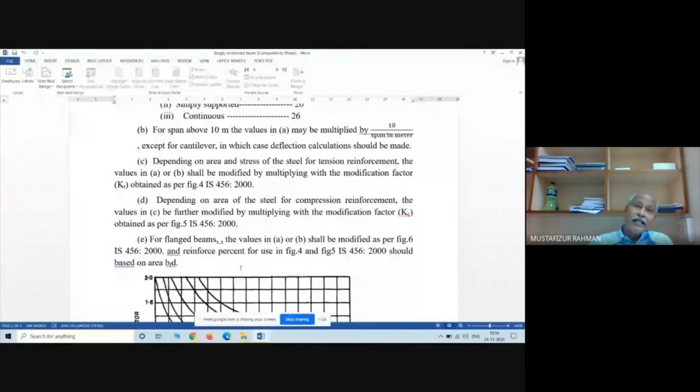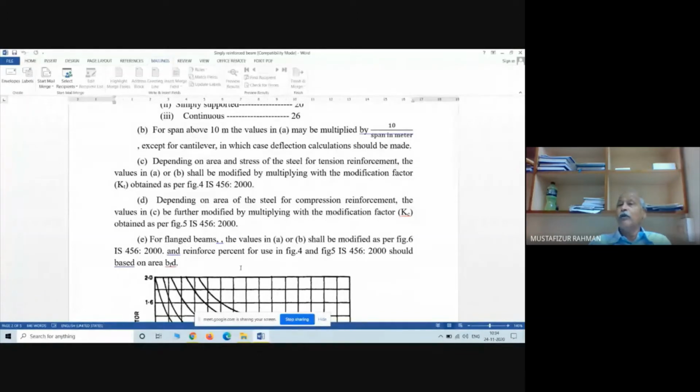Our material is RCC. So the stress induced in concrete and steel, in the tension zone if it is a singly reinforced member, and the stress induced in steel in tension as well as compression if it is a doubly reinforced member, the contribution of these has to be considered.